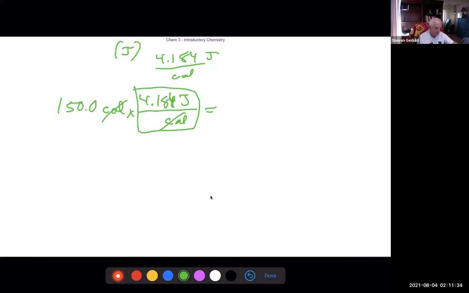So we have 150.0 times. If it's on the top we multiply, on the bottom you divide. There's no parentheses, none of that, just a plain simple rule. Keep it simple. If it's on the top, multiply, on the bottom, you divide. I know it sounds simple, but a lot of students mess that up, especially when there's more than one number on the bottom. 150.0 times 4.184 equals 627.6 joules.